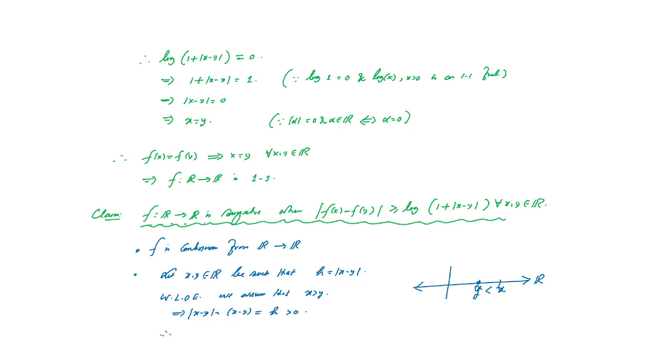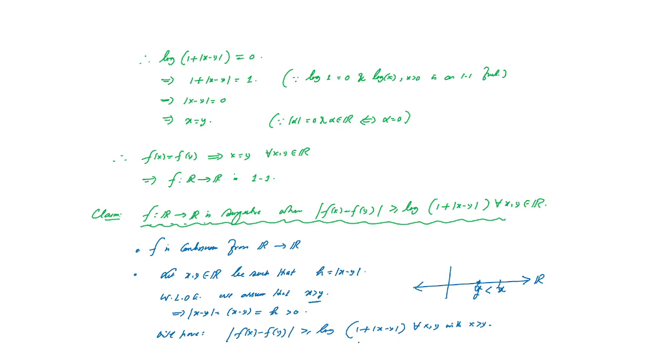So again we have the relation mod of fx minus fy greater than or equal to logarithm of 1 plus mod x minus y. This relation holds for all x, y with x greater than y. That's why we have written x greater than y.